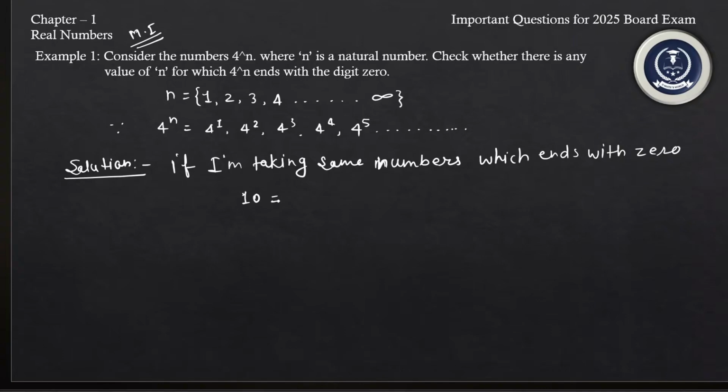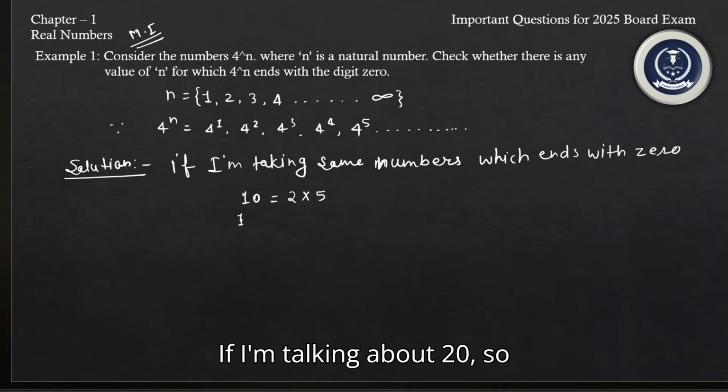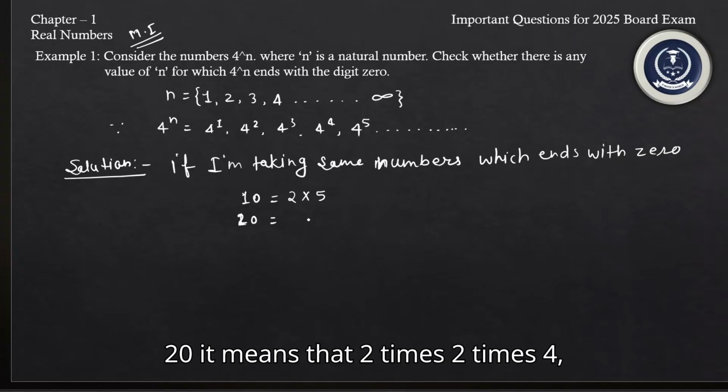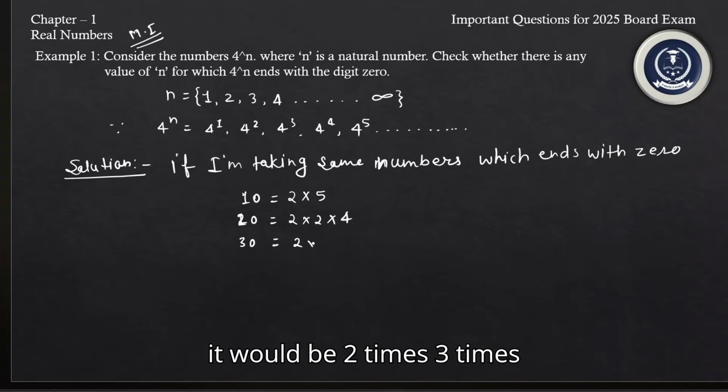If I take 10, it would be 2 times 5. If I take 20, it means 2 times 2 times 5. If I take 30, it would be 2 times 3 times 5.